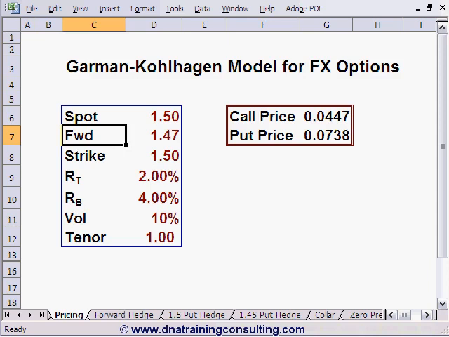Note the assumptions appearing in column D, namely in D6 a spot rate of 1.5 as stated previously, in D11 annualized vol of 10%, which is the long-term average for foreign exchange, also mentioned in chapter 1, a tenor over here of 1 year, as you recall, and interest rates in dollars and sterling of 2% and 4% respectively.